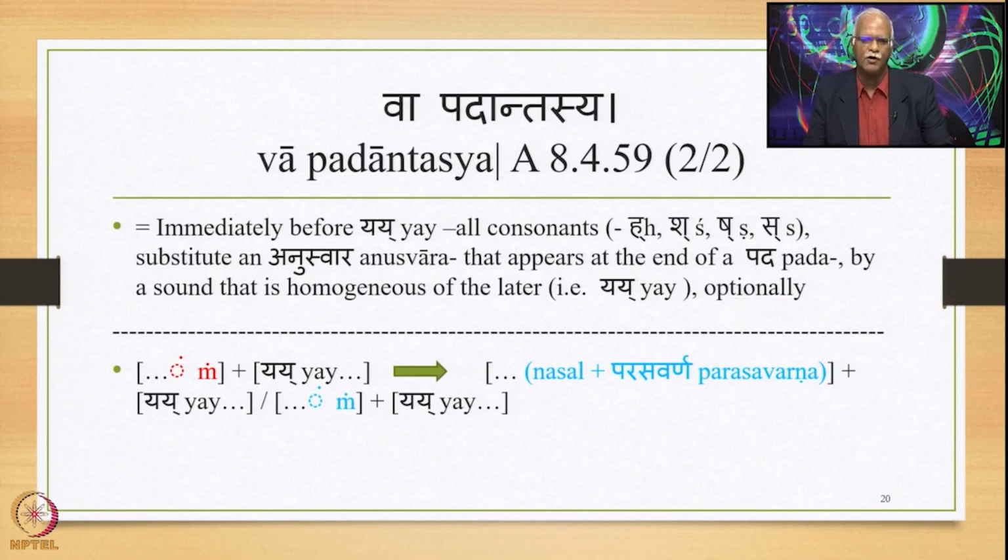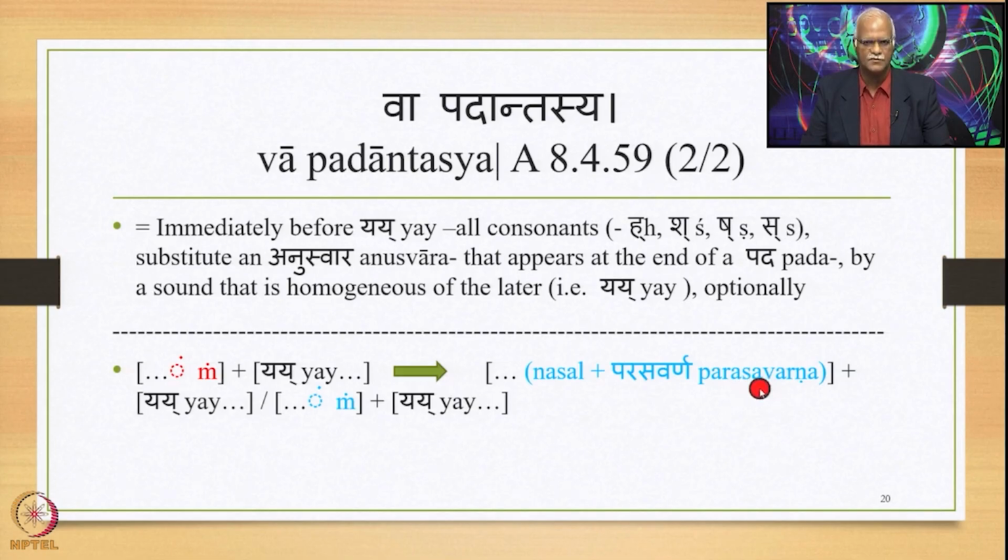So, to put it in the form of an equation, we can say that if this anuswara occurs at the end of this pada and is followed by yai, then 8.4.59 applies and generates the output first in the form of nasal plus parasavarna. Actually, this is also generated by 8.4.58, but 8.4.59 says that this will be generated optionally.